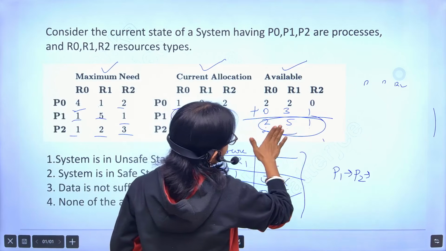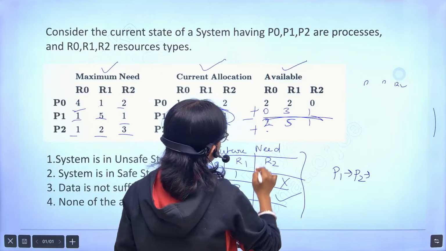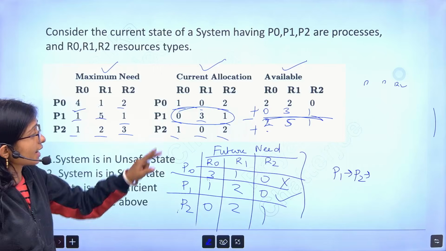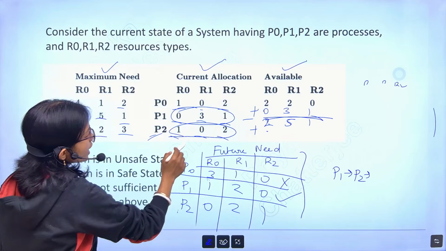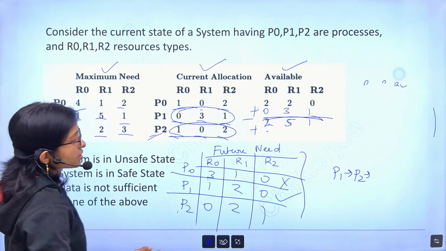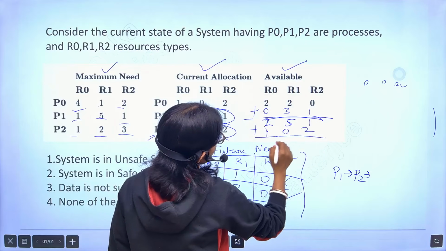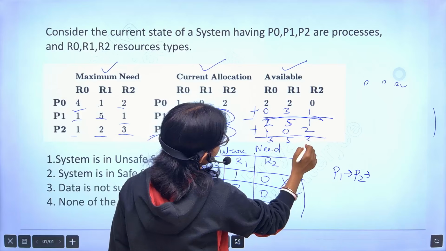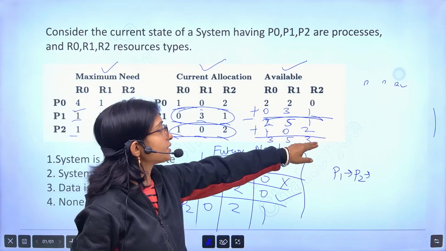Whenever I am running P2, with this 251, I can add this current allocation because P2 will complete the task and it will add this current allocation with this. That is 1, 0, 2. So 3, 5 and 3. Now my availability is 3, 5, 3.